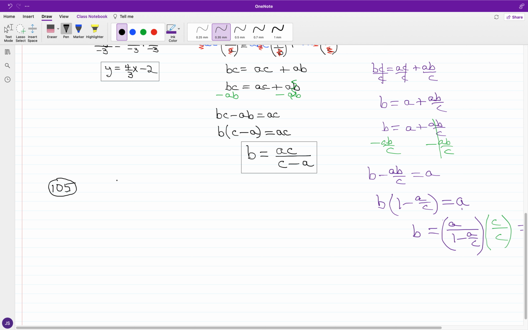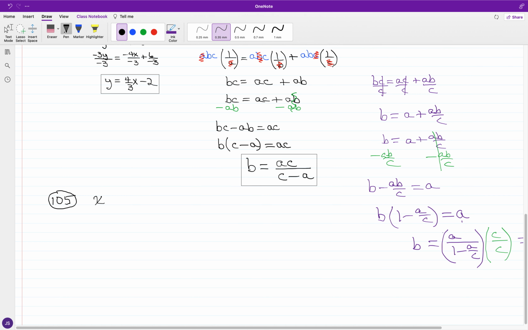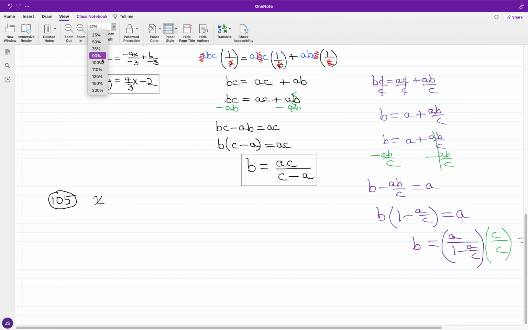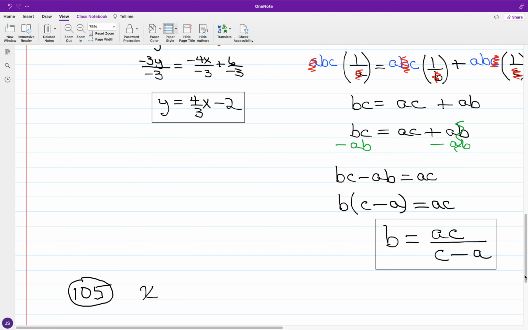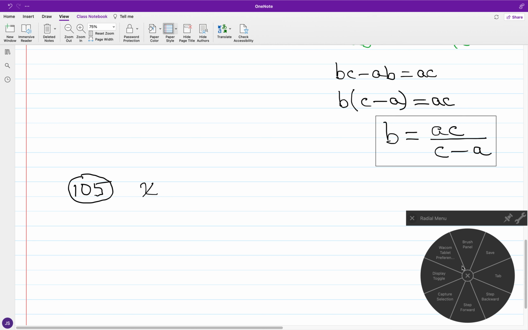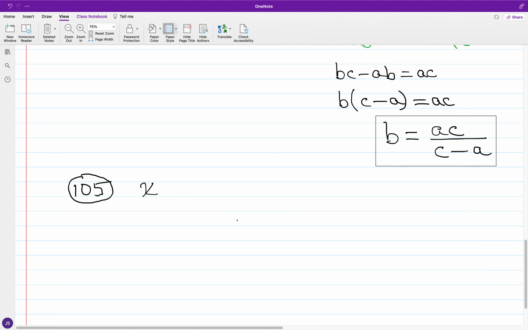Now for the case of 105, we have a quadratic equation in the letter x, and right now we have x times the quantity x minus 4 is equal to negative 9.